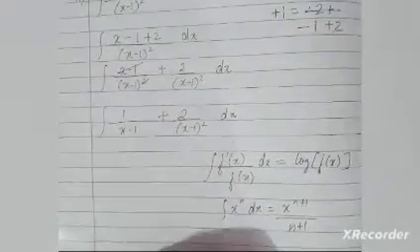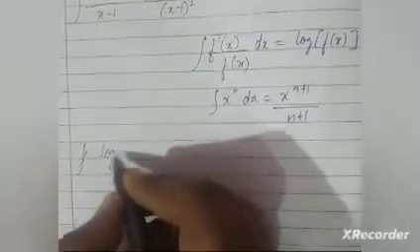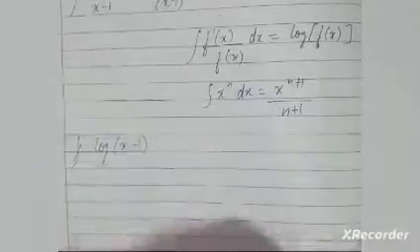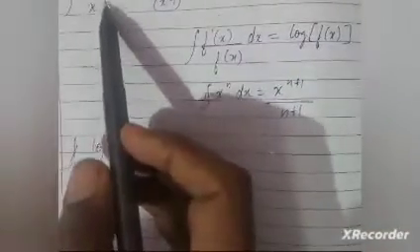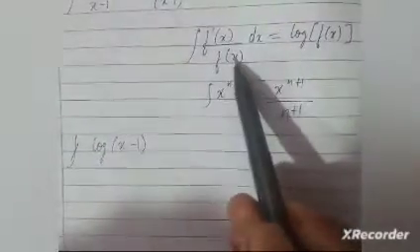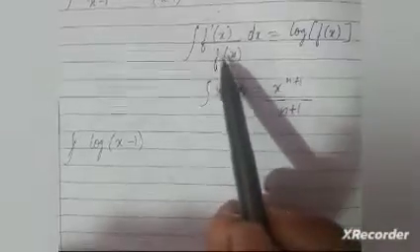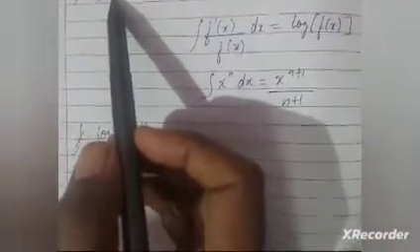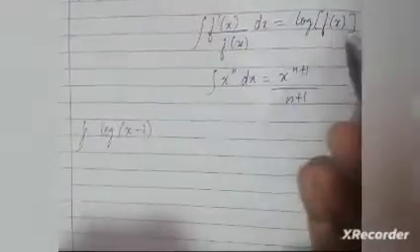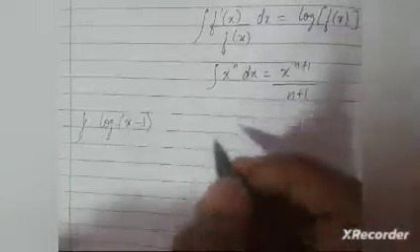So it becomes log x minus 1. Now you can see if we solve this denominator, which is f of x, what is f dash of x? Derivative of this. So x minus 1 derivative is 1. So simply we have written log f of x, which is x minus 1.